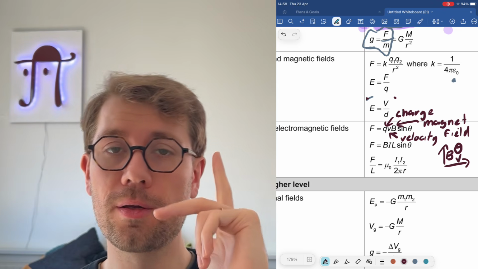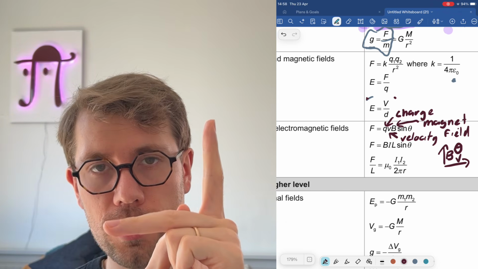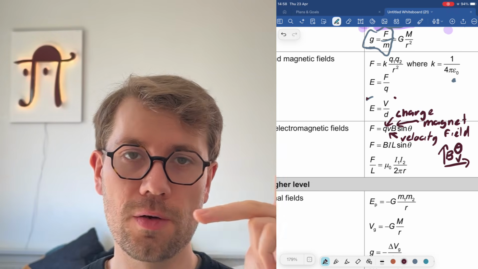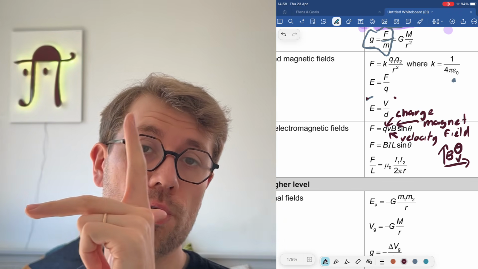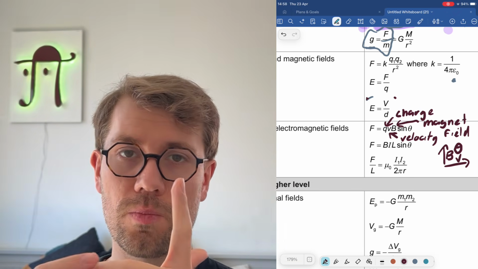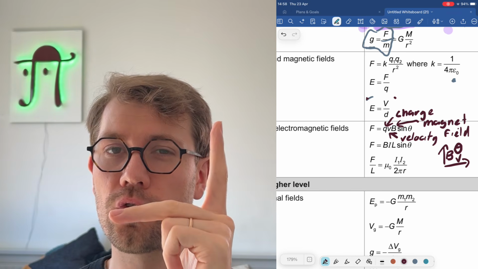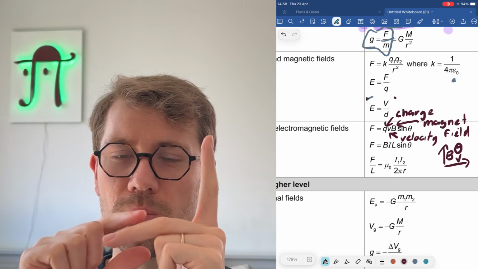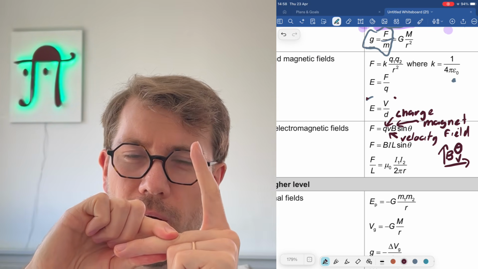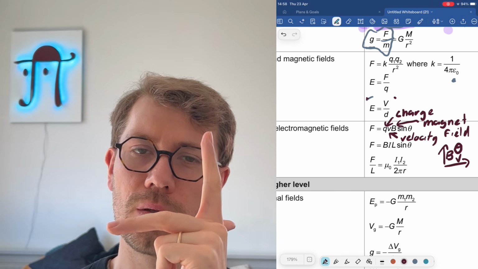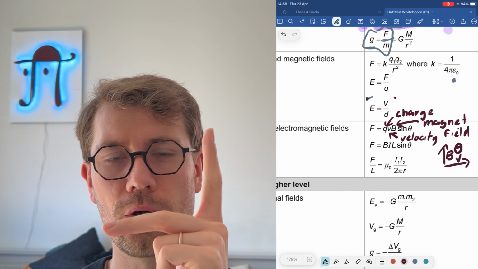I'll bring that back to particles. If current is a flow of positive charge, you can point this in the direction of any positrons or protons which are moving, because that's positive charge flowing. But if you've got an electron and you're trying to figure out how that relates to the current, well, electrons flow in the opposite direction to current.